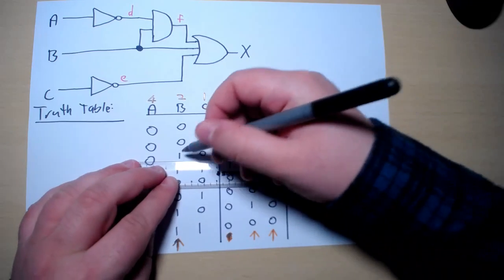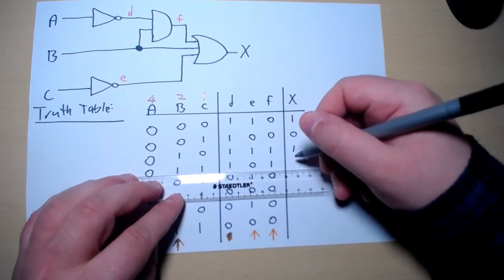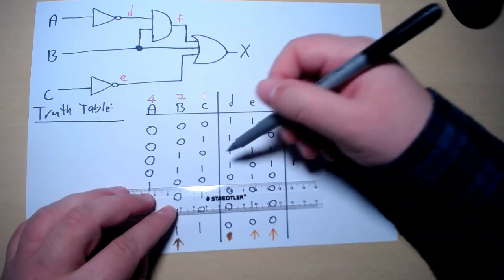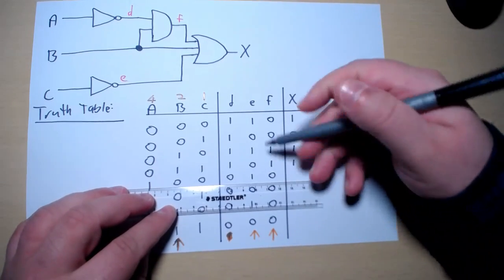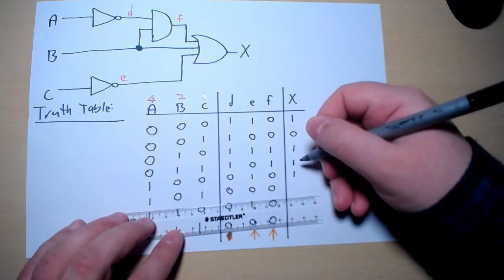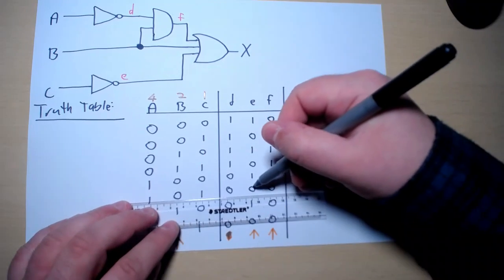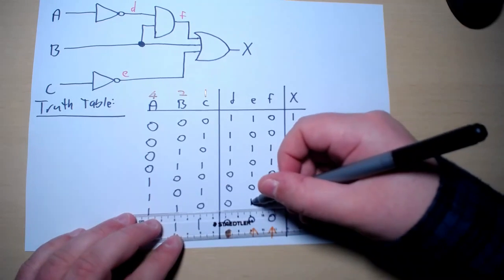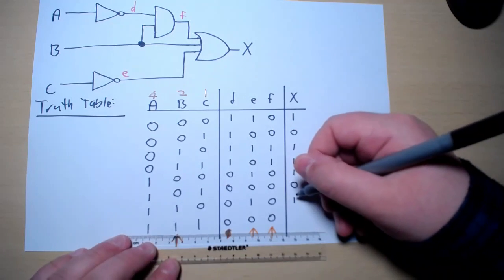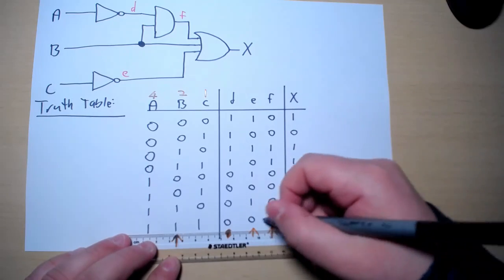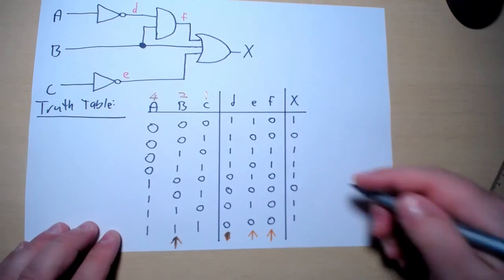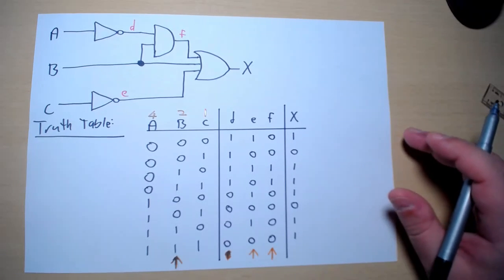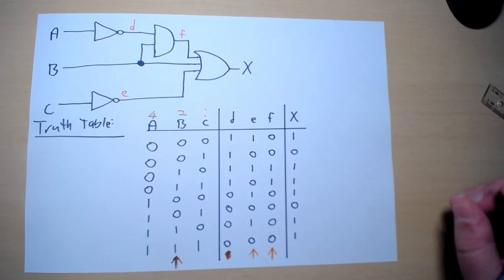Here we have 1s, the same here, 0, 0, 1, and 0, so it is 1, 0, 0, 0, so it is 0, 1, 1, 0, so it's 1, and here we have 1, 0, 0, so it's 1. And therefore this is the final answer for the truth table of this logic circuit.